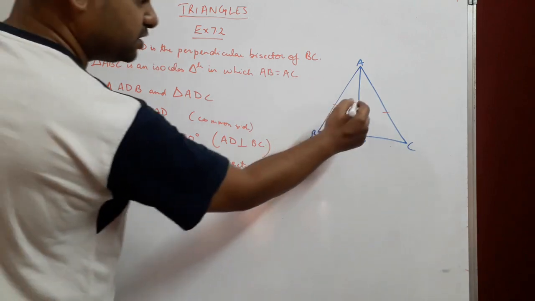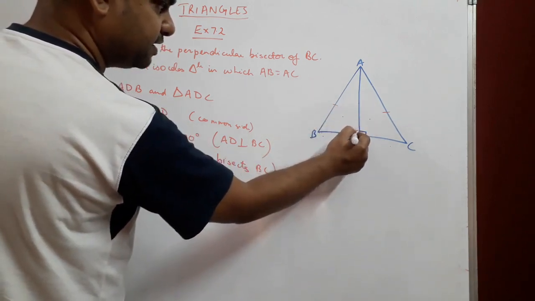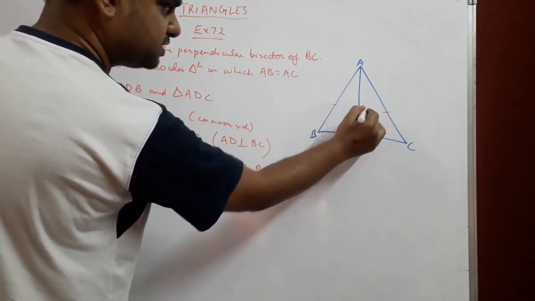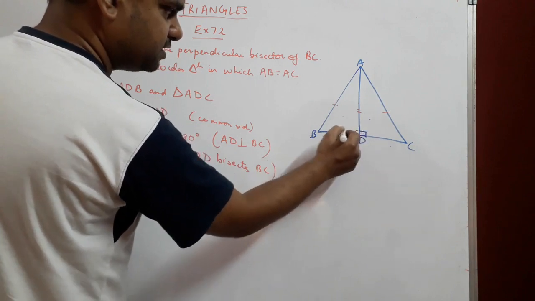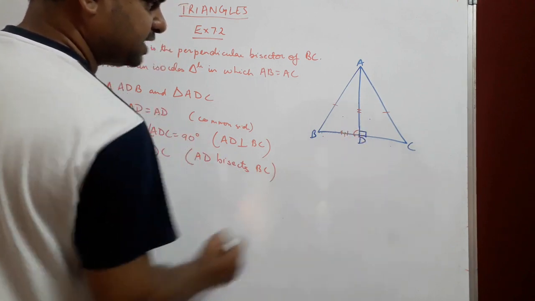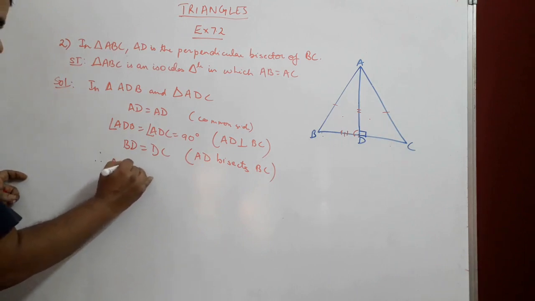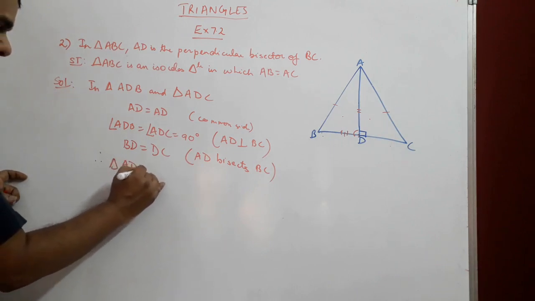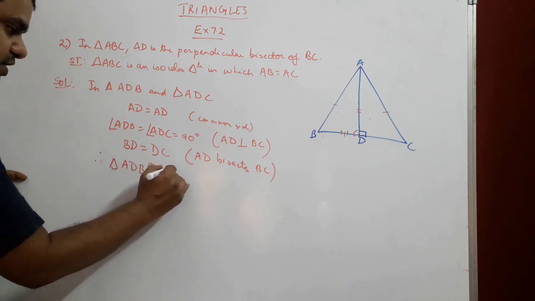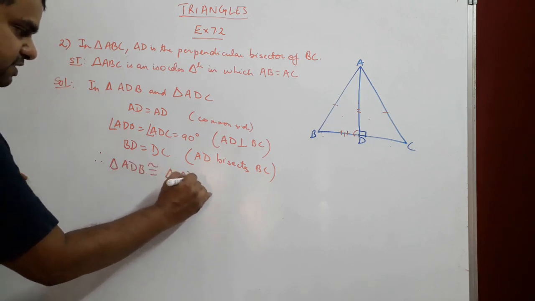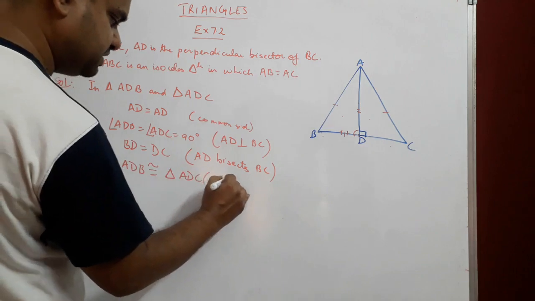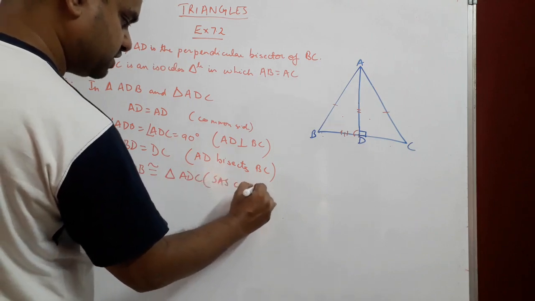So now we have got side, angle, side. Therefore triangle ADB is congruent to triangle ADC by SAS congruence criterion.